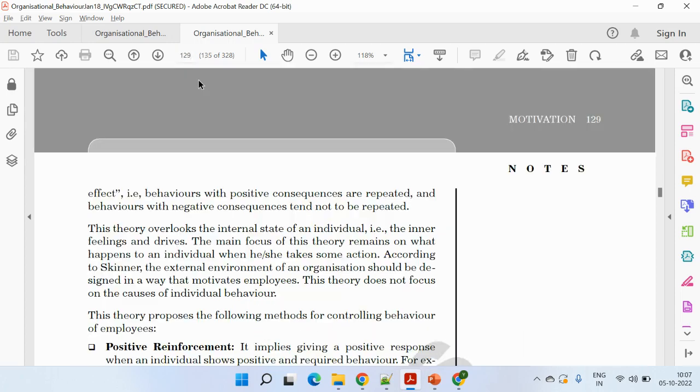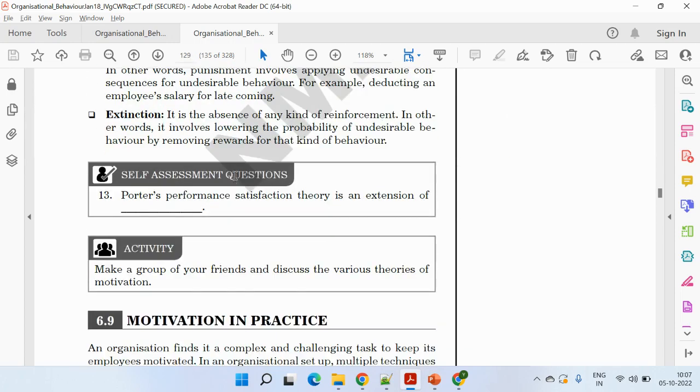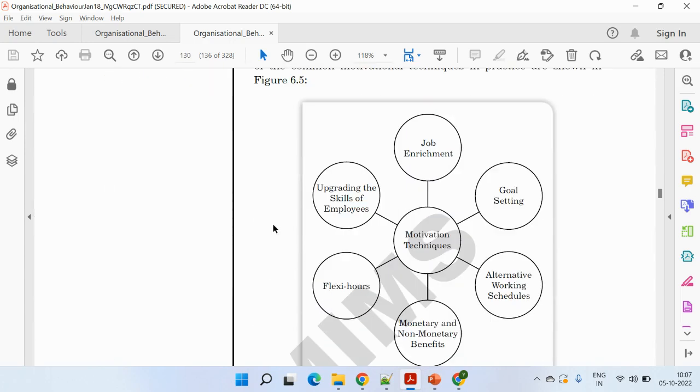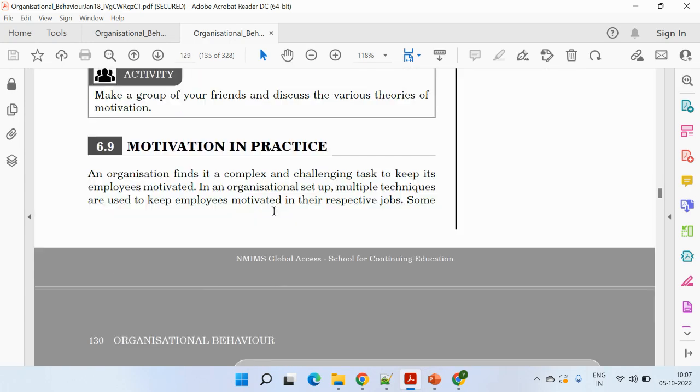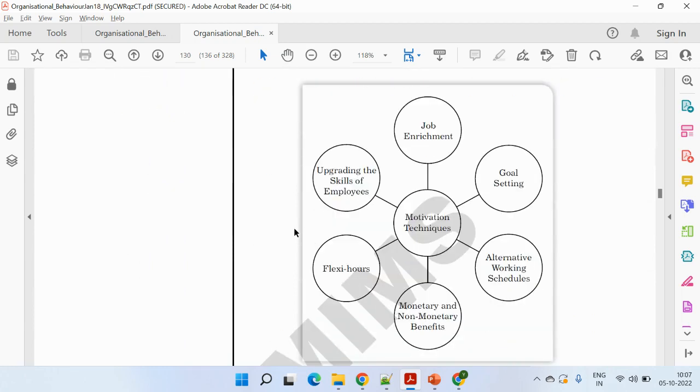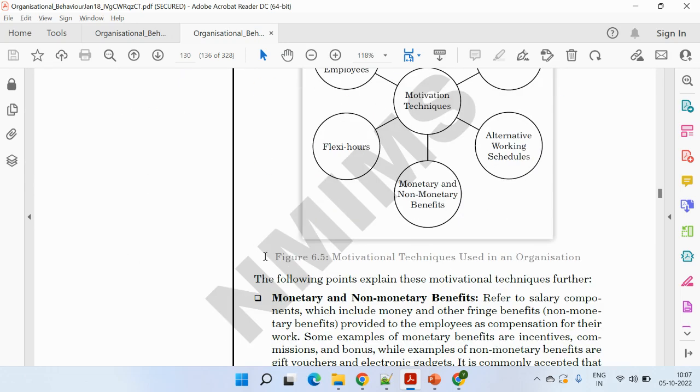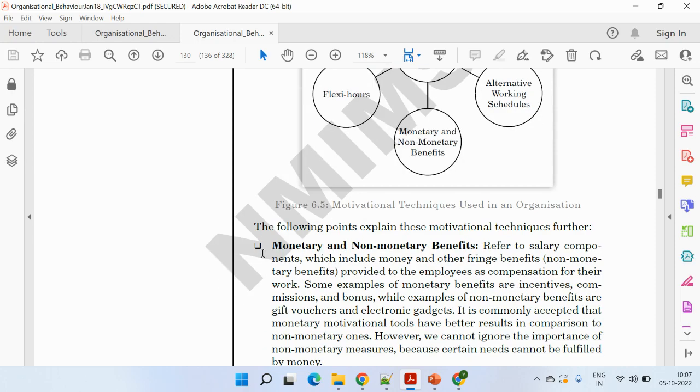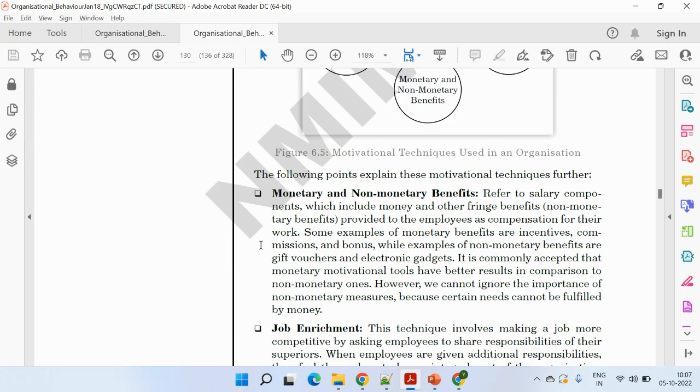So if we talk about the motivation, motivation is about how you get motivated, how you achieve certain tasks, how multiple techniques can be used, what the motivational technique is. So you need to explain all these things. Like if we talk about motivation techniques with respect to Renita Parker, then the first one is the monetary and non-monetary benefits.